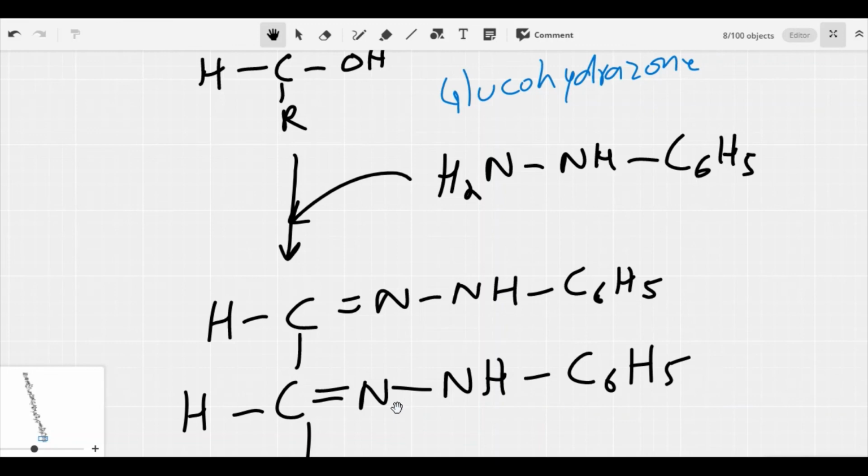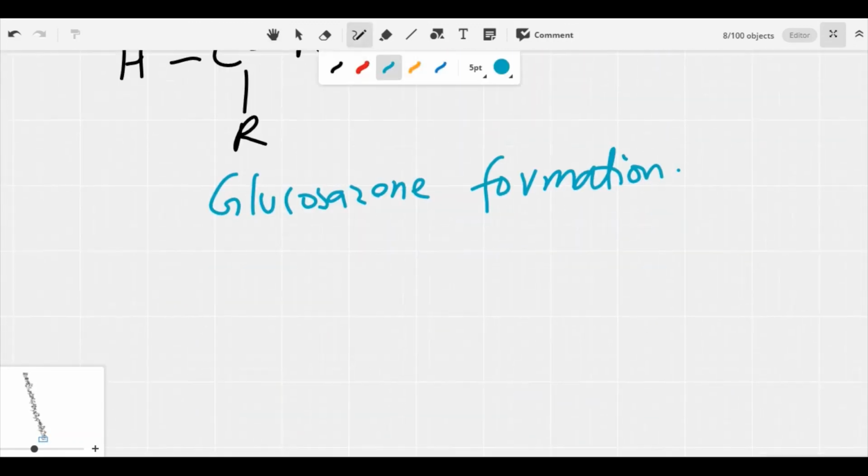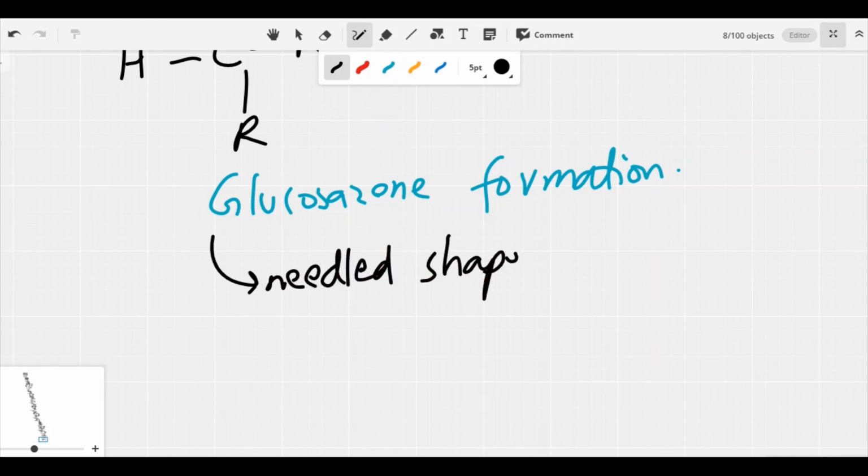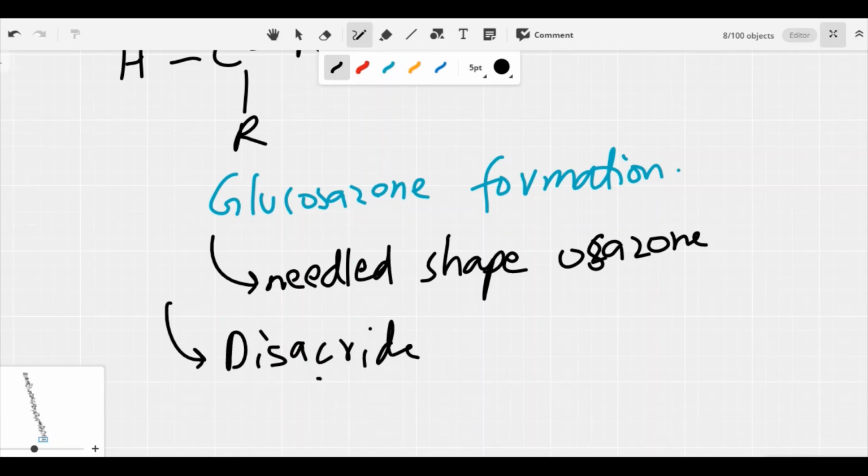Thus glucose, fructose and mannose give the same needle shaped osazones. Reducing disaccharides also give osazones.